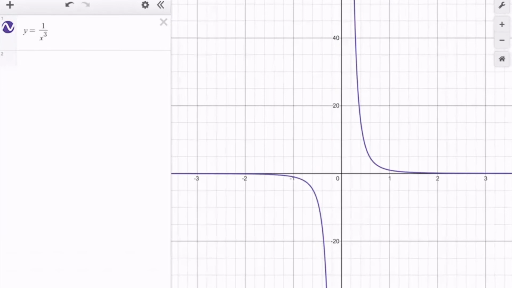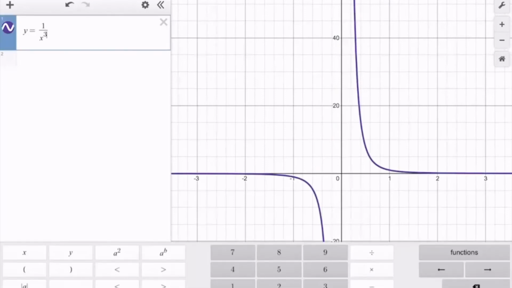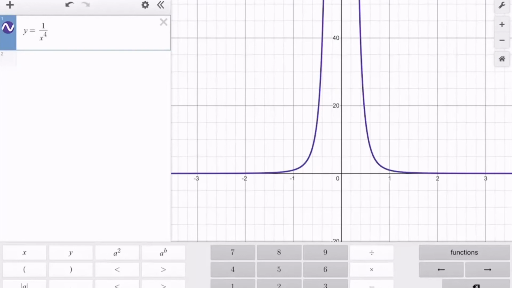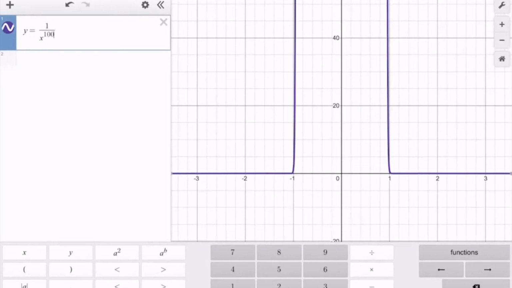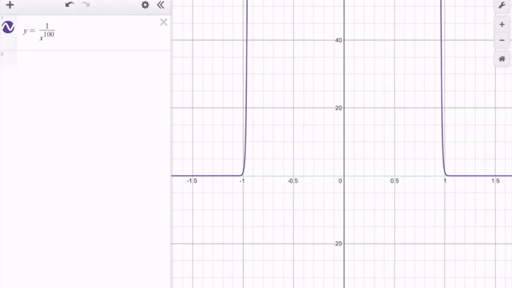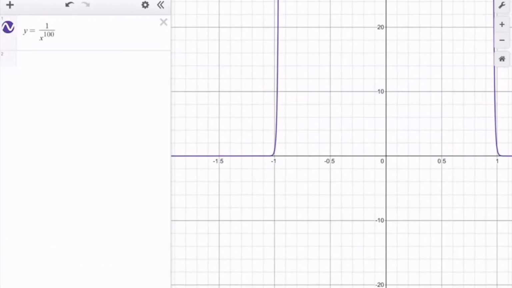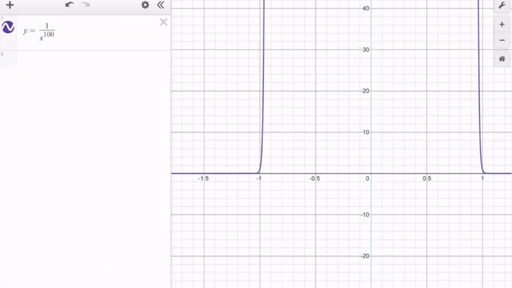It's actually just approaching the x-axis even quicker. If we change it to the fourth, we have the same thing. Fifth, same thing. Sixth, seventh, 100th power. Oh, that is very steep in the short run, but in the long run, it gets close to the x-axis extremely quickly.